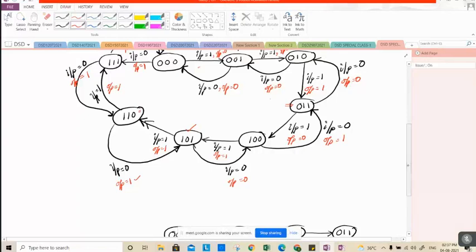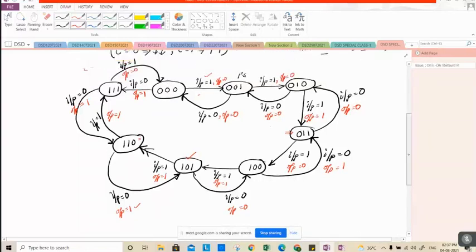Any other cases? Any other states we have left in that way? Whenever the next state has a minimum of 2 ones, the output should be 1. Is there any other case left? Is there any other state which is not addressed?